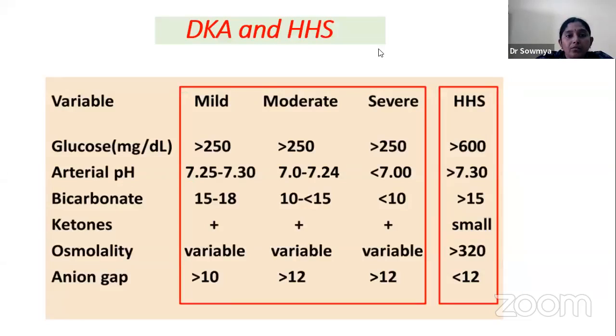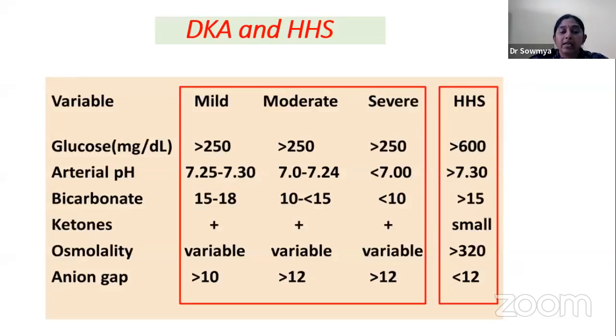So what is the difference? What is the classification of DKA and HHS? DKA is divided into mild, moderate, and severe based on the glucose levels, arterial pH, bicarbonate levels, ketones, osmolality, and anion gap.